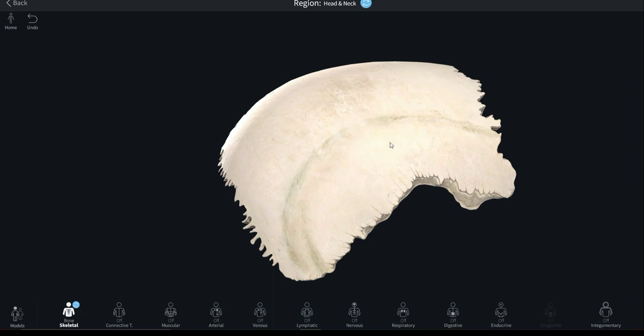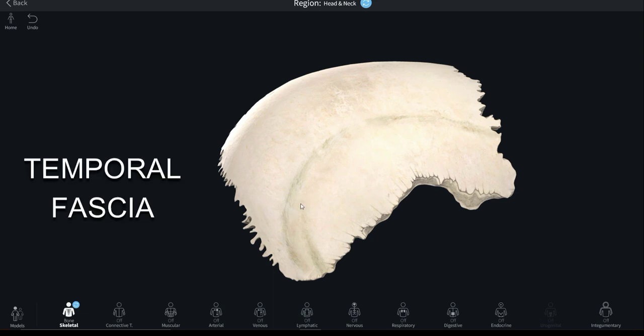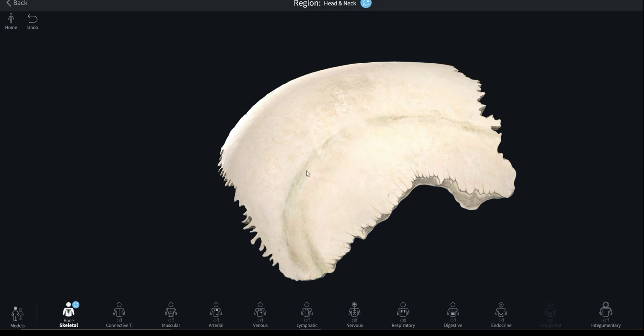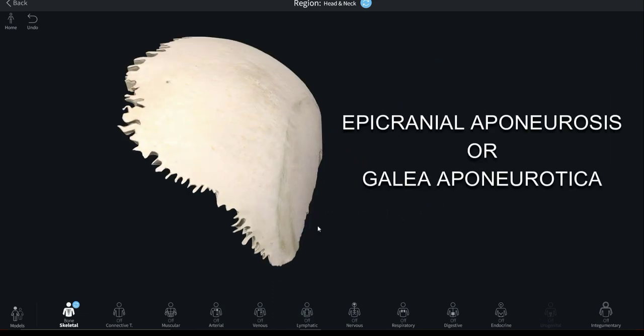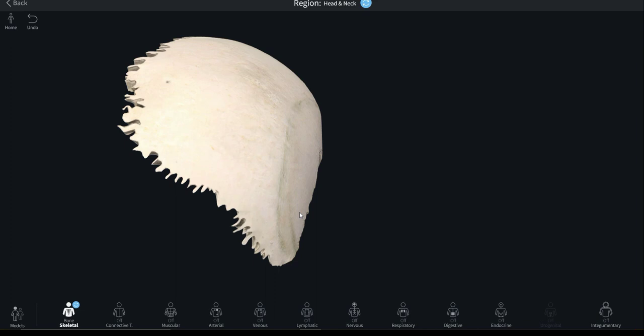Now, the superior temporal line, which is quite visible over here, serves as a point of attachment. To what exactly? It serves as a point of attachment to the temporal fascia, and the epicranial aponeurosis or the galea aponeurotica. All of these we will study when we study the scalp.